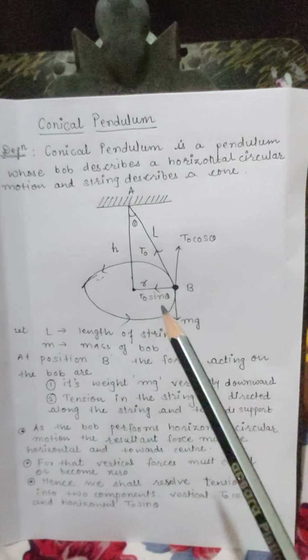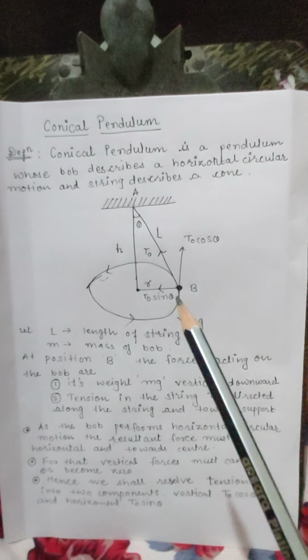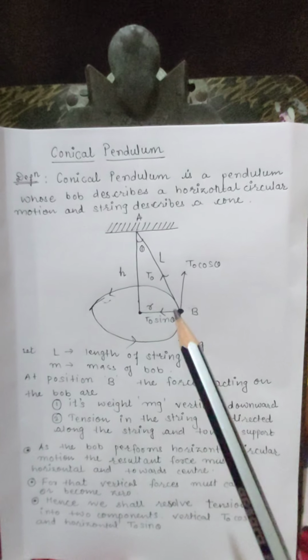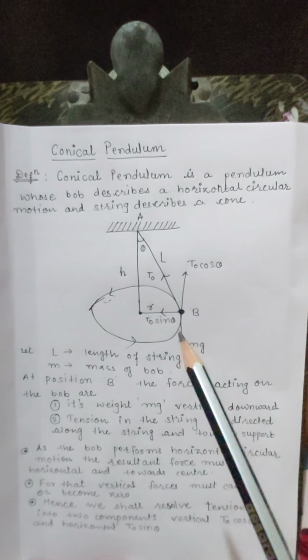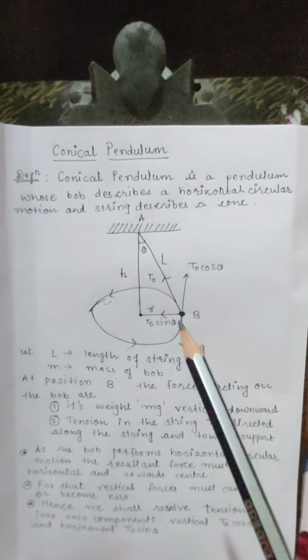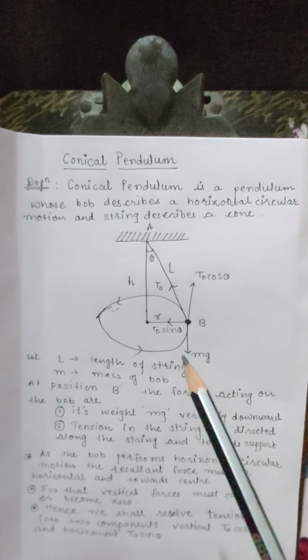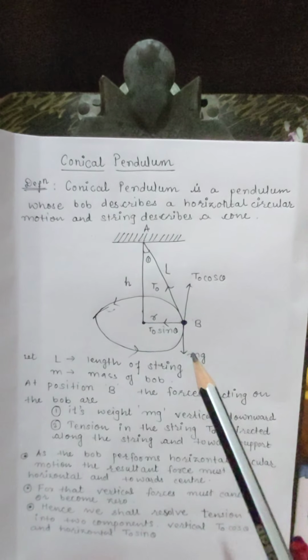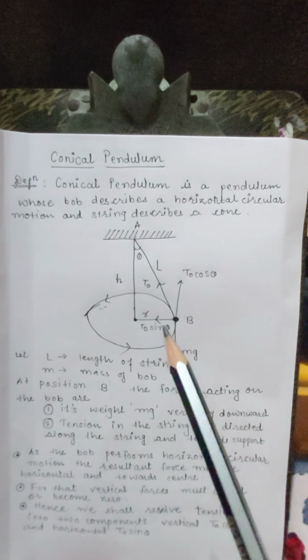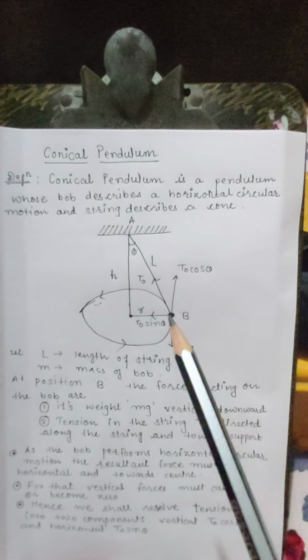When the bob is at position B, what are the forces acting on this bob? First one, vertically downward, its weight mg acting, right? The second one is the tension in the string, T0.